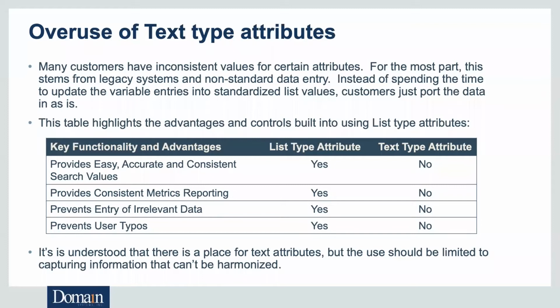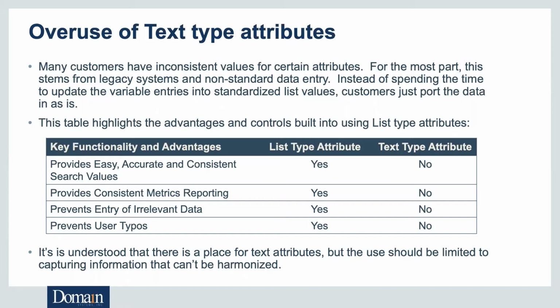This table on the slide articulates the four main top level benefits of using list type attributes instead of text type attributes. For example, if you use a list, it provides an easy, accurate, and consistent search value, right? So that when you go for a search, you know what you're searching for.